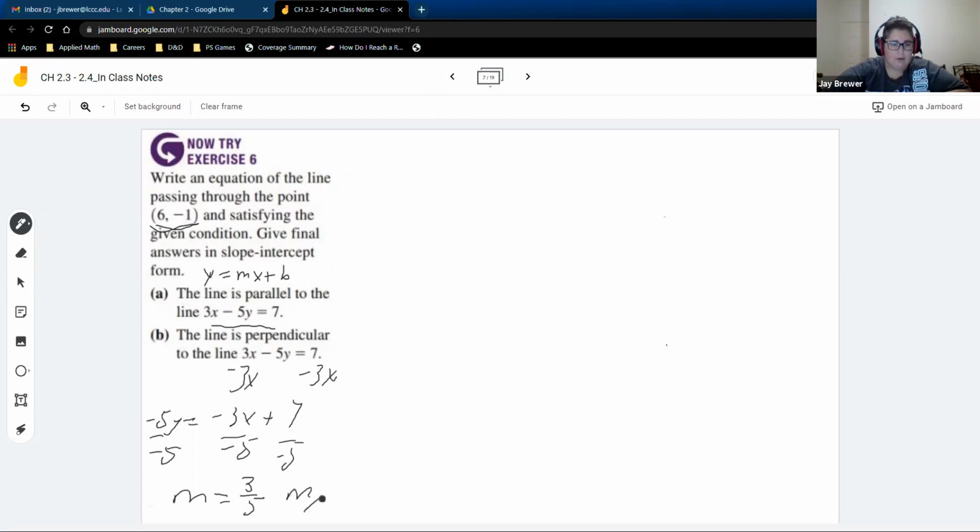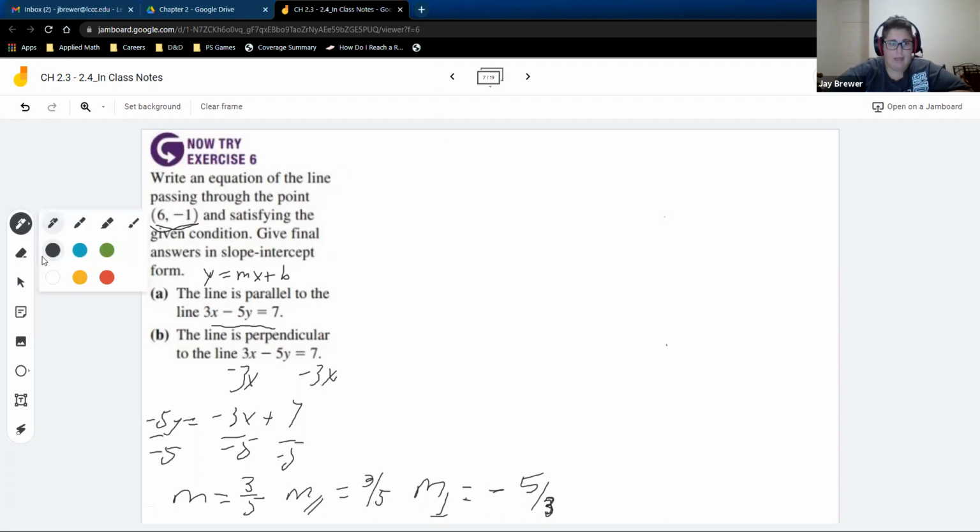Your parallel slope is also going to be 3/5. And then when we get to it, our perpendicular slope will be the opposite reciprocal. So it's going to be not 3/5 anymore. It'll be negative, because right now we have positives, 5/3. Okay, so that's going to change what we're doing.